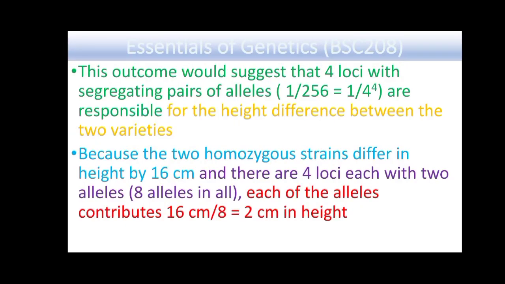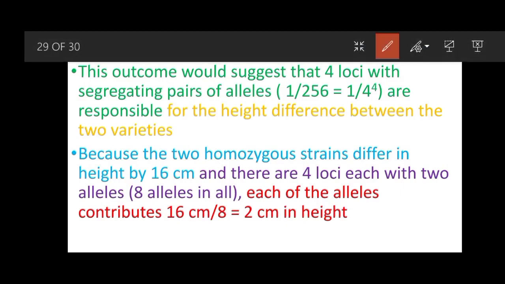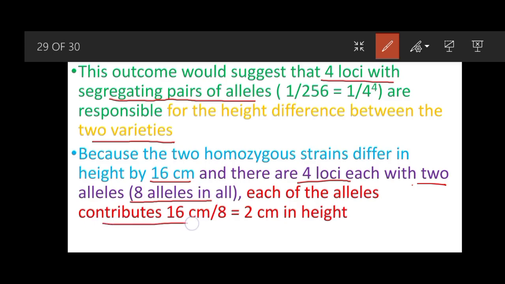This outcome would suggest that 4 loci with segregating pairs of alleles are responsible for the height difference between the two varieties. Because the two homozygous strains differ in height by 16 centimeters and there are 4 loci each with 2 alleles, there are a total of 8 alleles. So each allele contributes 2 centimeters in height.